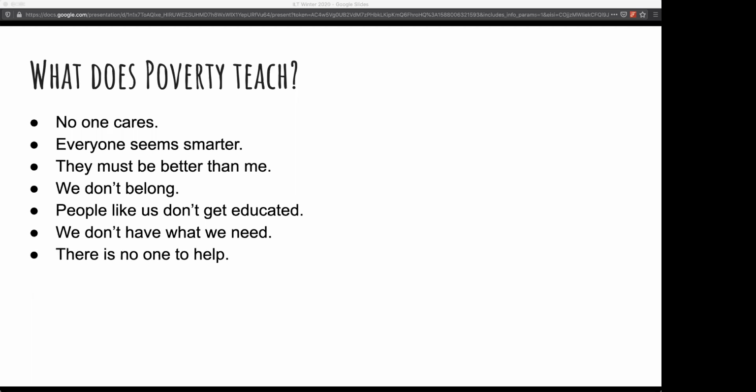And then also that there's no one really to help. So a lot of the stuff that society, that government has put in place to assist people in poverty really goes to trying to deal with the symptoms and not the actual issues. For instance, it's probably thought generally that alcoholism is something that folks who are living in poverty deal with all the time.